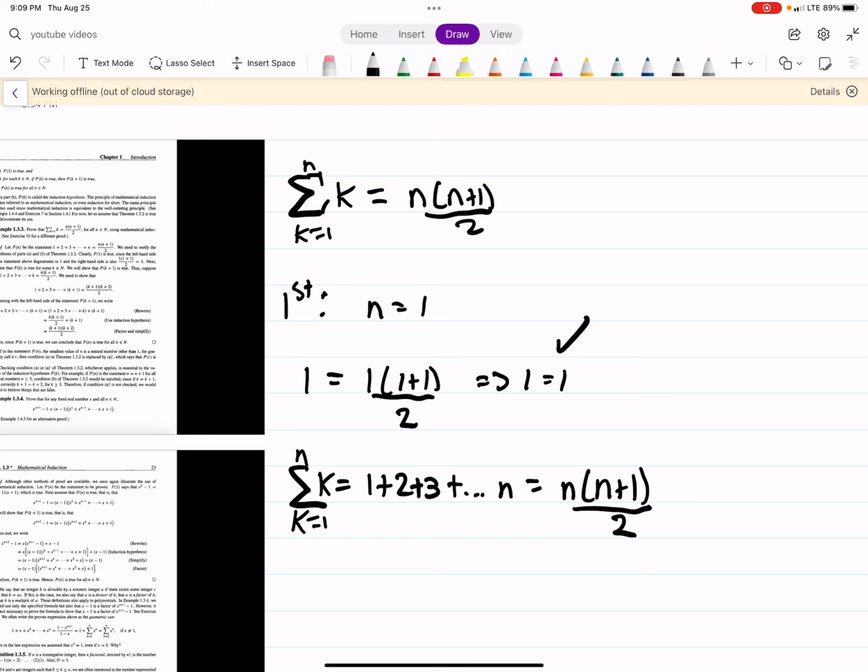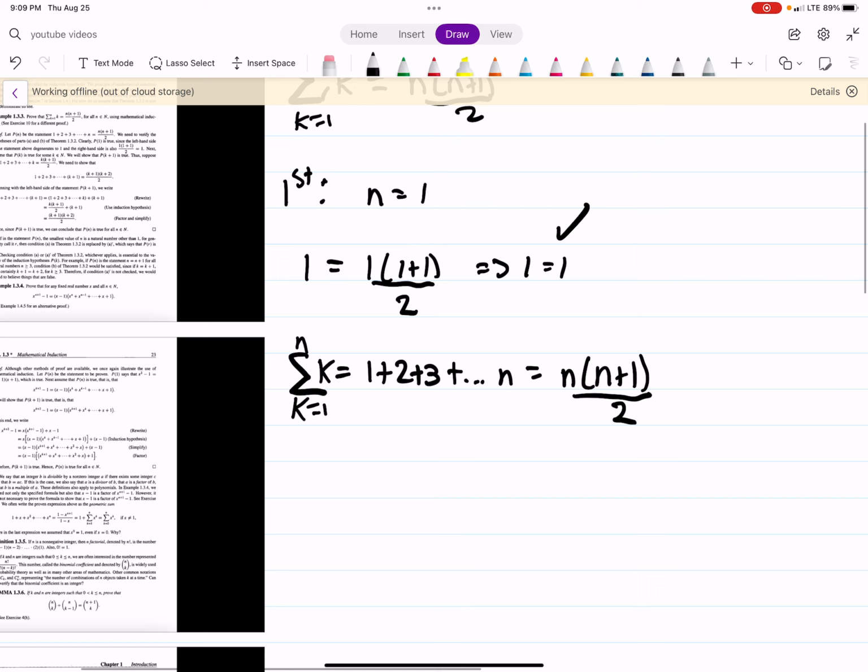So we're just restating what we're trying to prove. This is our statement, and we showed that in the first case it works. We assume that this is true, and now what we want to do is show that for the case k plus 1, it's also true.